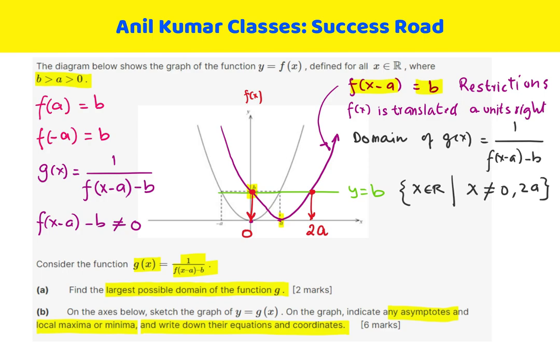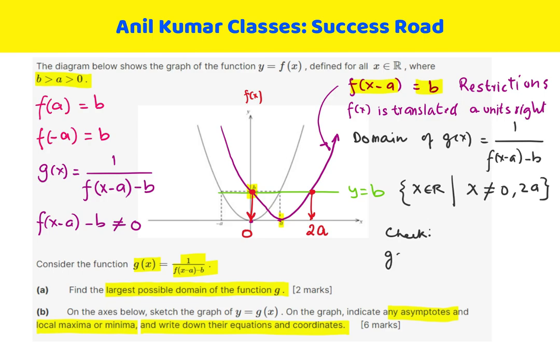Perfect, because the function actually moved a units to the right. And then you will see that f of x minus a will be equal to b, correct, at x equals a and 2a. You get the idea. You can check, right?